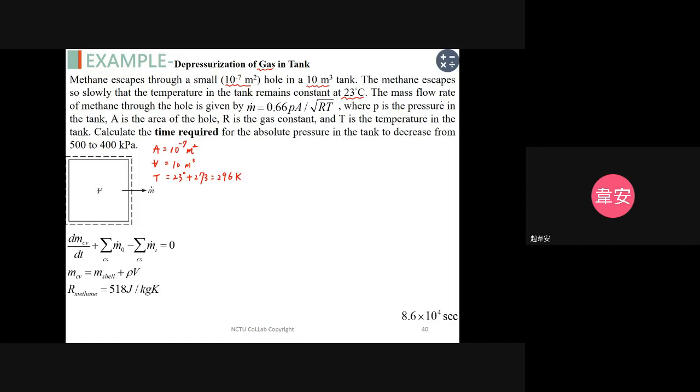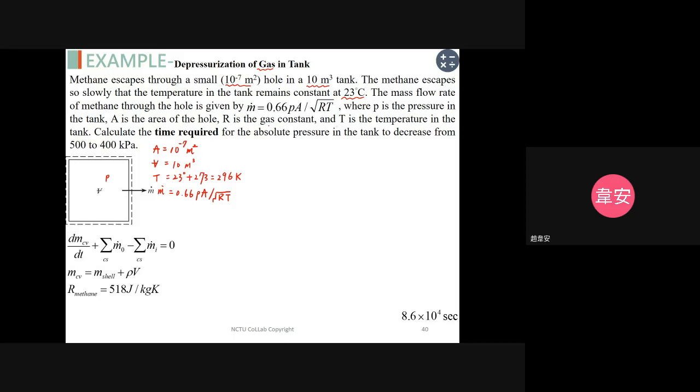The mass flow rate of the gas through the hole is given by the mass rate equal to 0.666 times the pressure inside the tank, multiplied by the area, divided by the root of R and T. R is the gas constant.